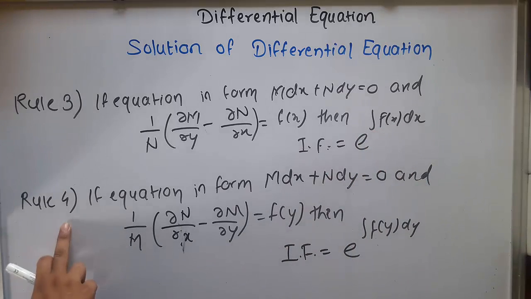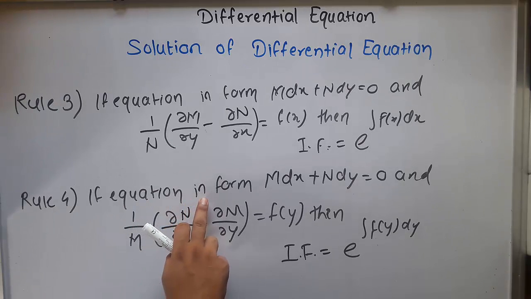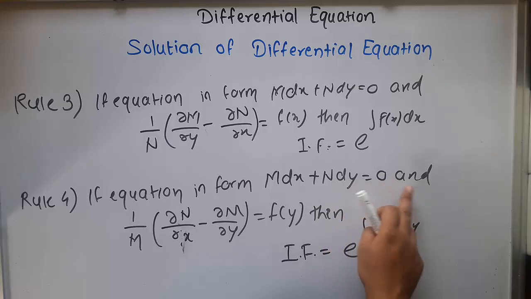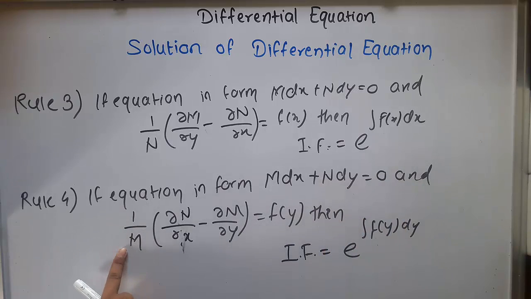Rule 4: if the equation is in the form M dx plus N dy equal to 0 and 1 by M (del N by del x minus del M by del y) is a function of y, equal to f(y), then the integrating factor will be e raised to the integration of f(y) dy.